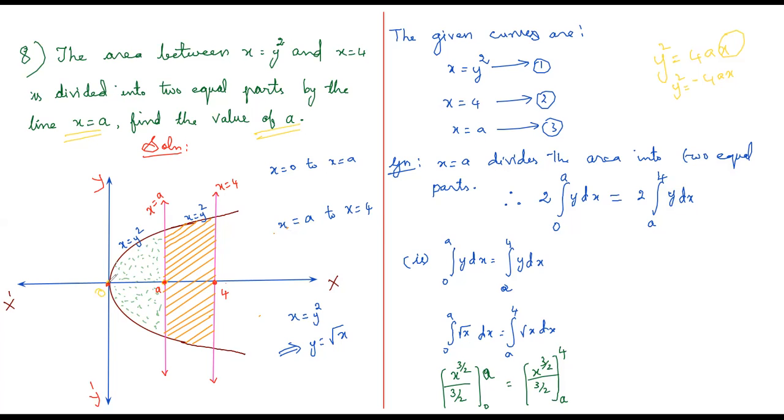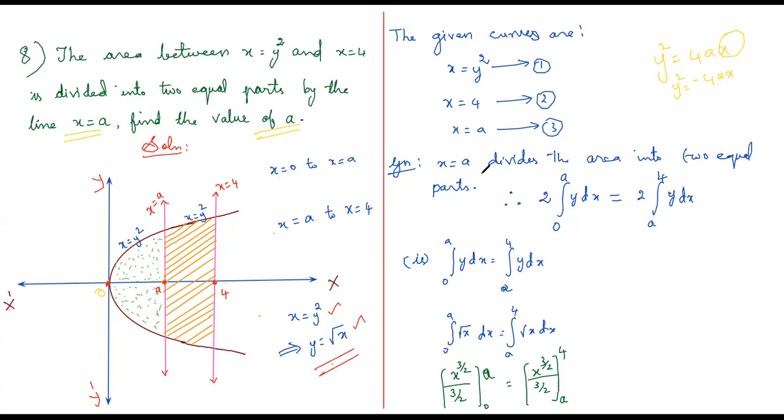It is the region under the curve, where x is equal to y square, so you can take y from the parabola. In the striped region also, it is the area under the parabola, x equal to y square. So the same y applies to both areas.